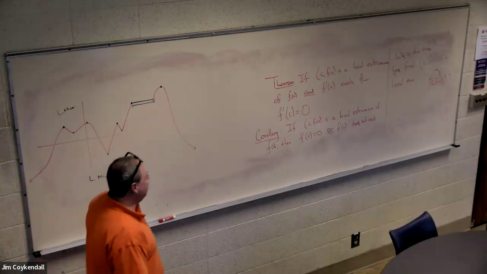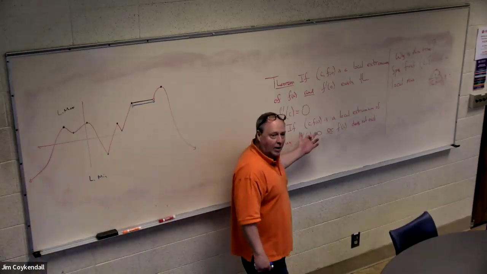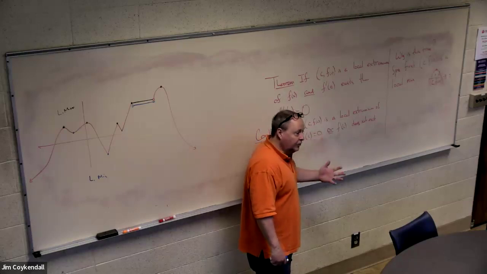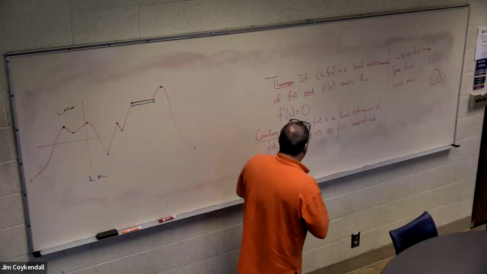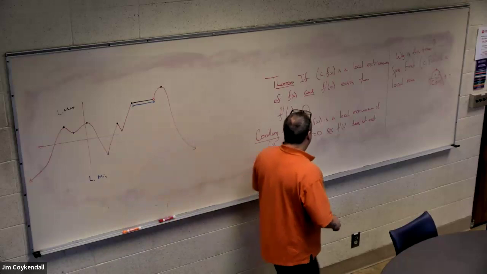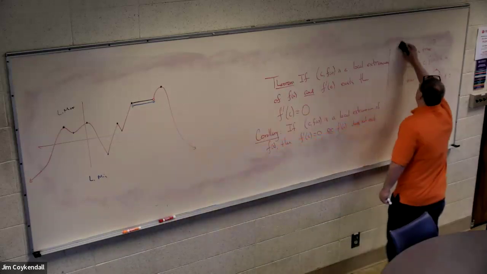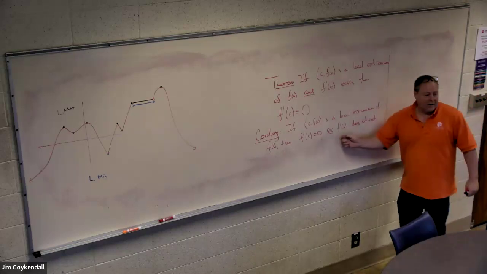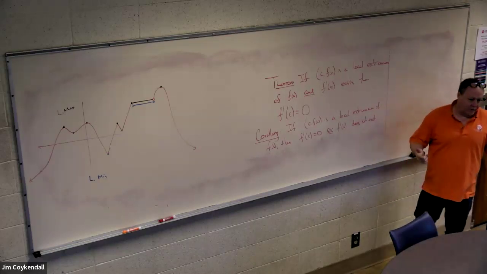So that's what this is saying. This is incredibly powerful because if you're on the hunt for local extreme values, which is what you need to do to graph the function, then all you have to do is look for places where the derivative is zero or doesn't exist.